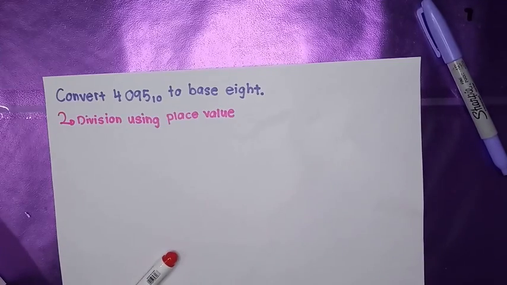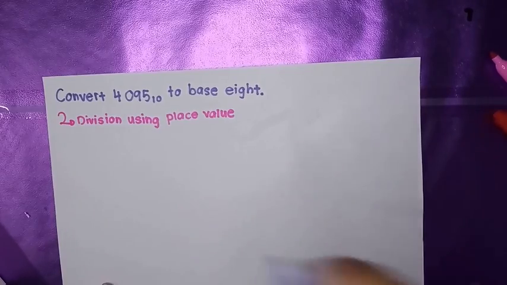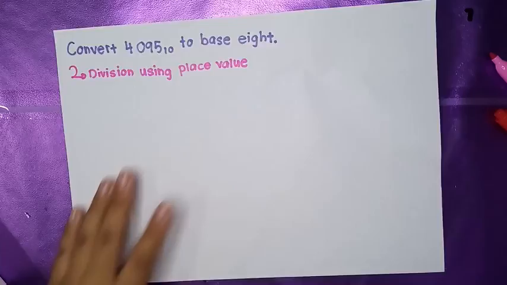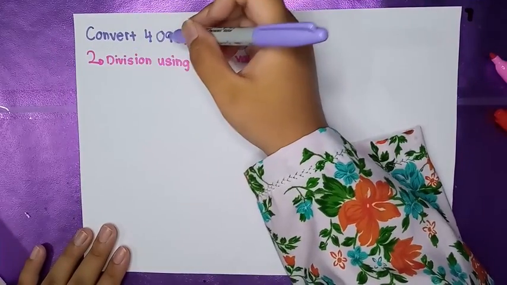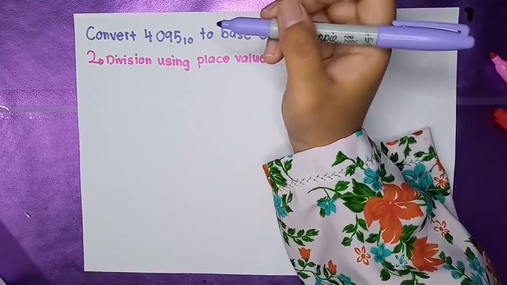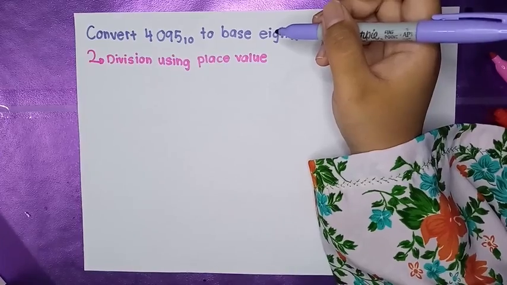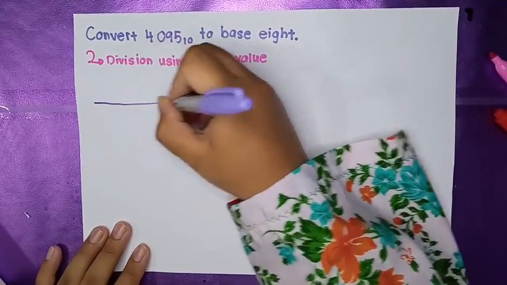Let's take a look at the second example. Convert 4095 base 10 to base 8 using place value. First, we're gonna draw a table.